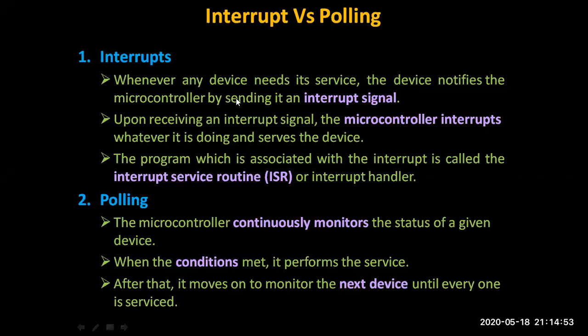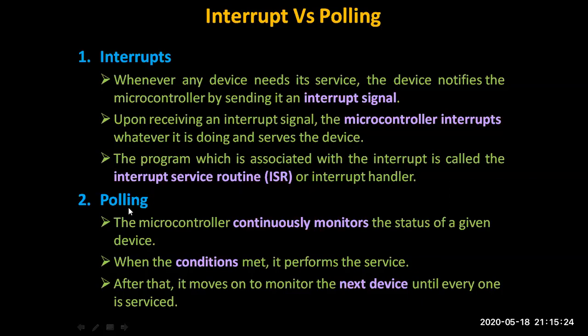Upon receiving the interrupt signal, the microcontroller interrupts whatever it is doing, the main program, suspends that operation, and serves the keyboard interrupt. The program which we run for the interrupt, we call a subroutine or interrupt service routine. That is a subprogram.